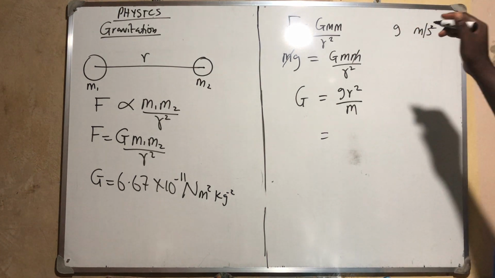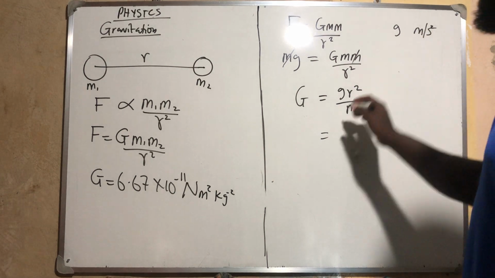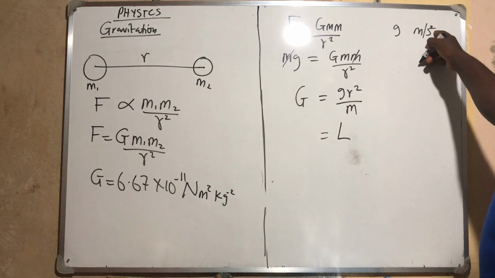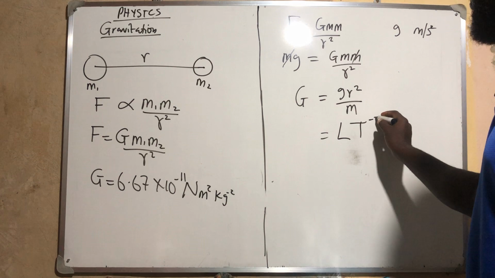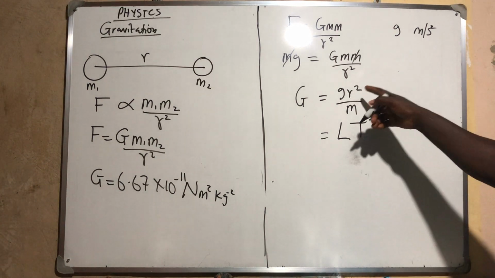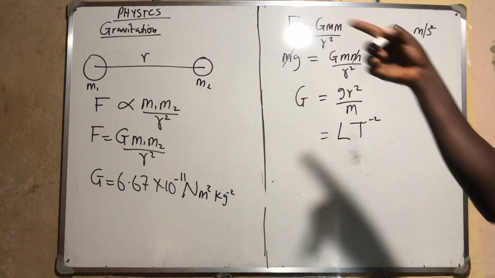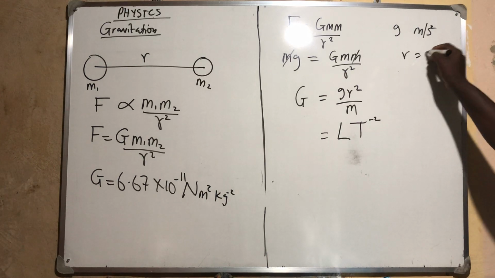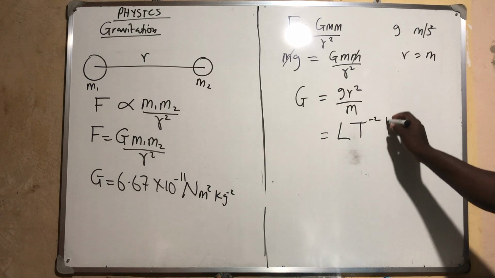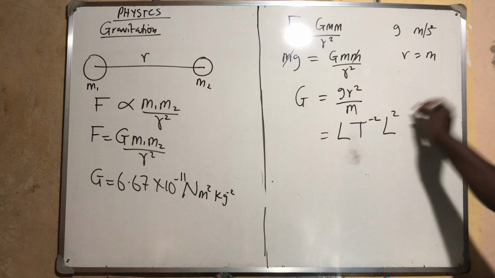Meter is length, second is time, so since it is per second squared, it will be -2. Then R is the distance, and distance is measured in meters. What gives us meter is another L, but this L is now squared.